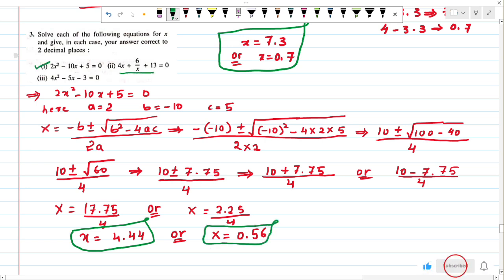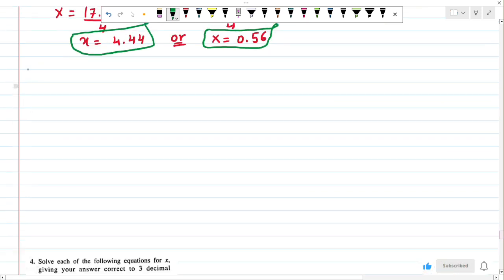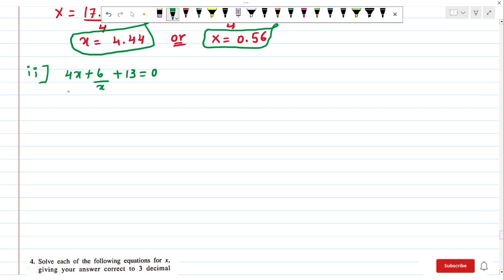We will solve the second question. The second question here is 4x plus 6 by x plus 13 is equals to 0. If we simplify this, we will get 4x squared plus 6 plus 13x is equals to 0.